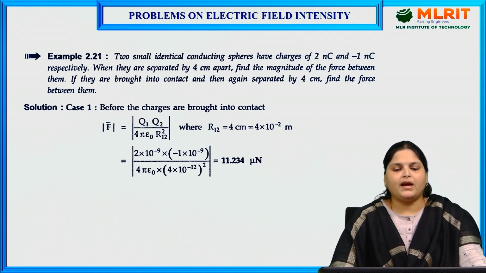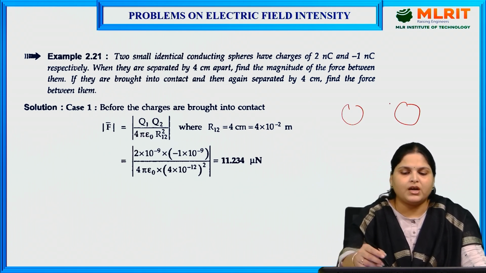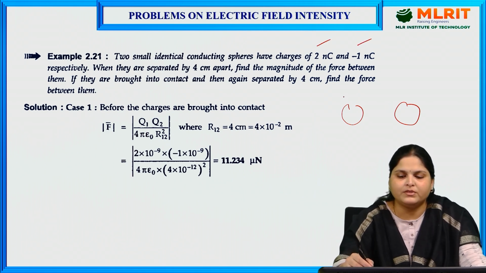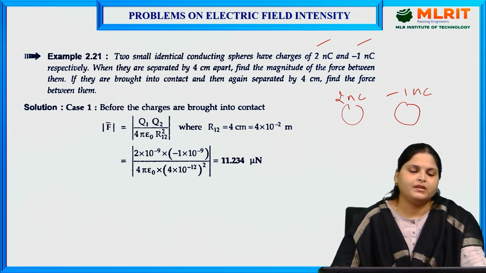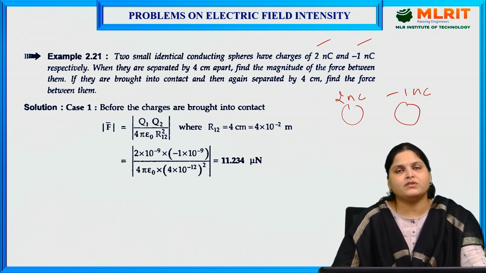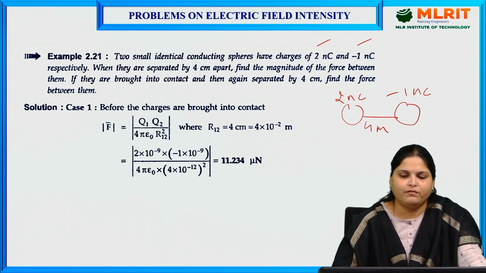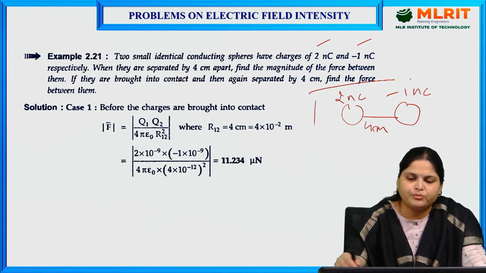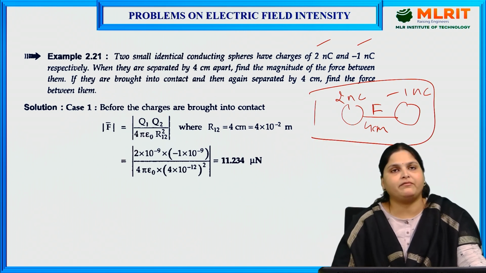Two small identical conducting surfaces have charges of 2 nanocoulomb and -1 nanocoulomb. This is 2 nanocoulomb and this is 1 nanocoulomb. When they are separated 4 centimeter apart, in this arrangement we have to find out magnitude of the force acting between them.